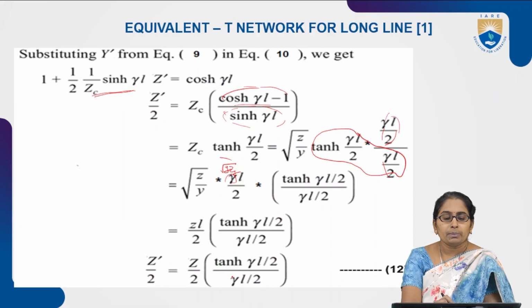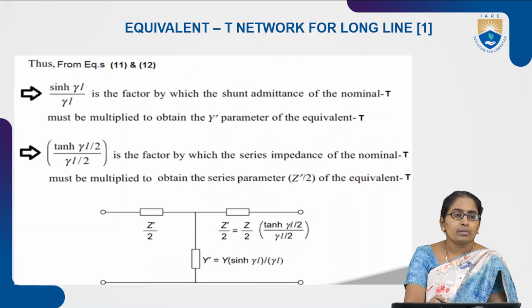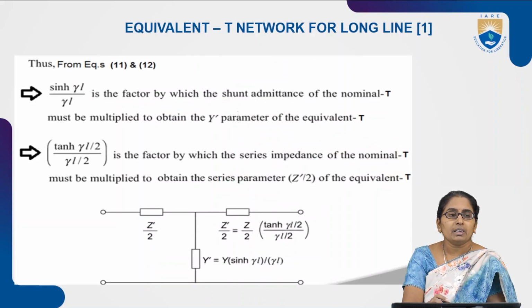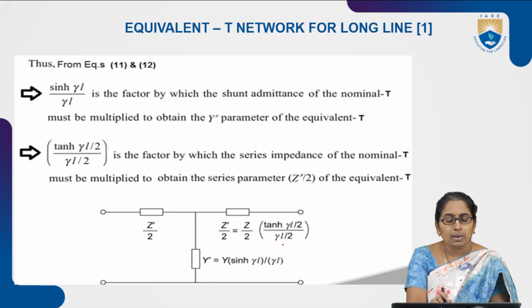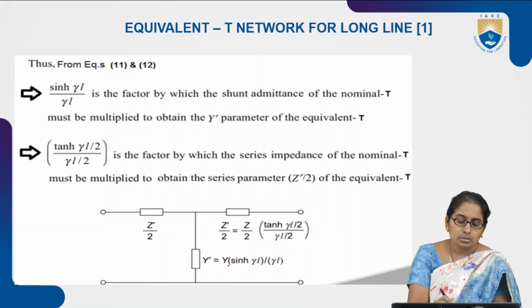So finally, what are the parameters of the equivalent network of the long transmission line? Remember, in the T network, the series half impedance Z by 2 is multiplied with tanh gamma L by 2 by gamma L by 2, and the total admittance becomes Y dash, Y into sinh gamma L by gamma L. So this is an additional term for the shunt admittance, and this is an additional term for the series impedance.